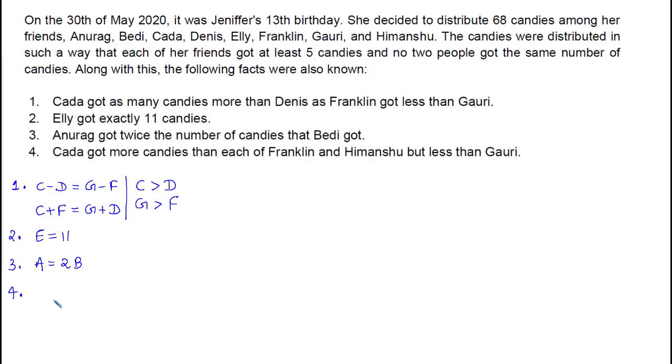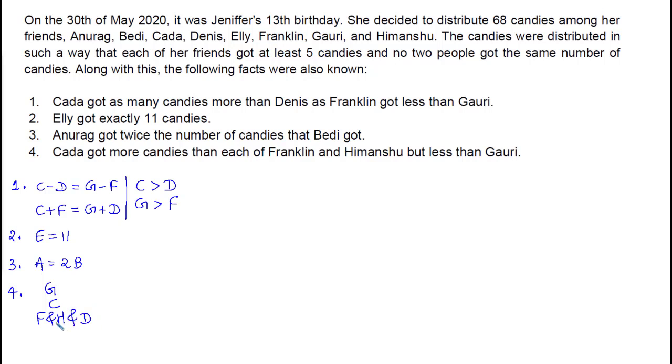Look here. Kada got more candies than F and H but less than Gauri. Means above Kada there is Gauri and below Kada there is F and H. And we also know that G is greater than F and C is greater than D. C is greater than D means along with F and H I can write D here.